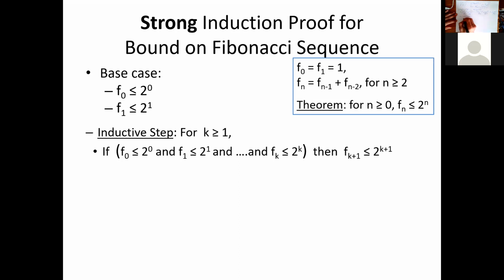And now by this inductive hypothesis, I can upper bound this guy by 2 to the k, and I can upper bound this guy by 2 to the k minus 1. And that's great because that's definitely smaller than 2 to the k plus 2 to the k, right? Which is equal to 2 to the k plus 1, right? So this is smaller than that. Okay, and I'm done.